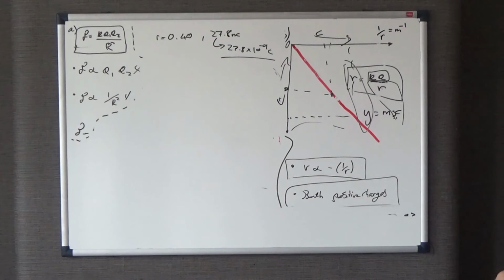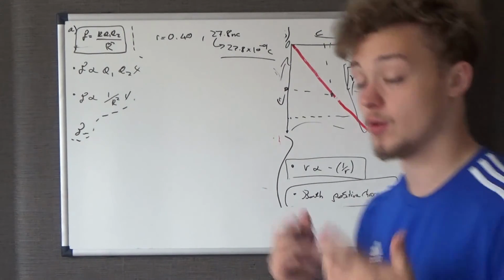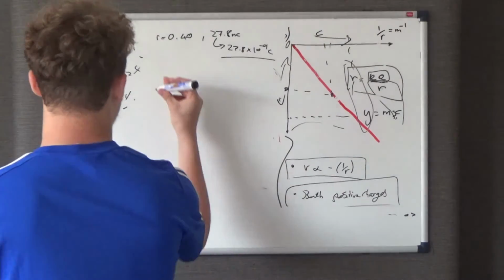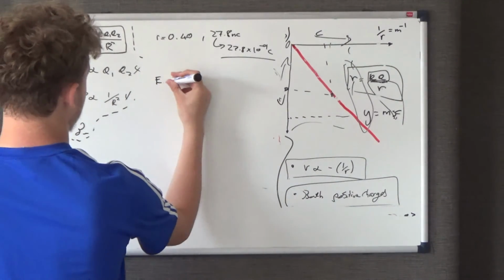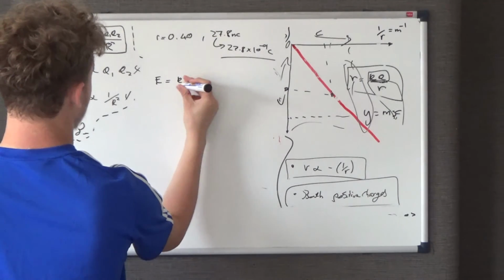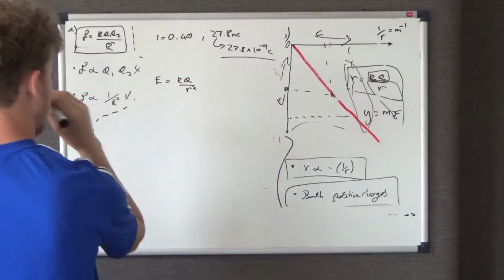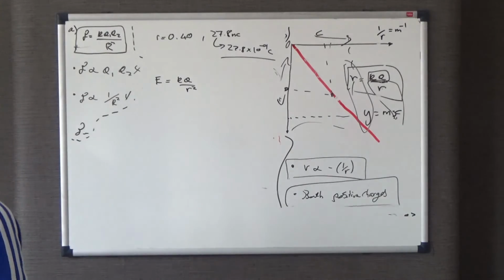So we have to work out the electric field strength from that. Again, it's just using equations from the formula sheet. E is equal to KQ over R squared. That's the electric field strength.